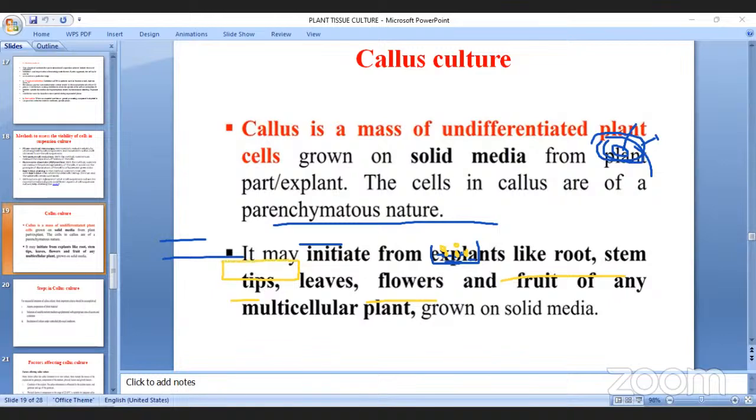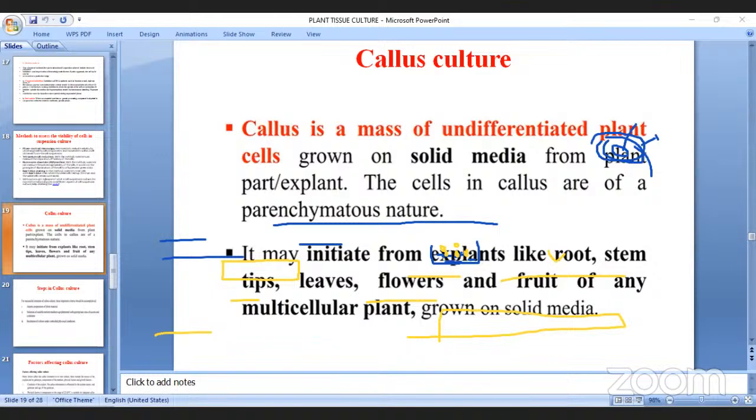Of these two species, one is slow, one is fast. Now this is co-cultured. The advantage of this type of culture is that the fast growing species provide growth factors and other chemicals which help regeneration of the cell wall and cell division. That means one is slow, one is fast, but later the offspring grow fast.